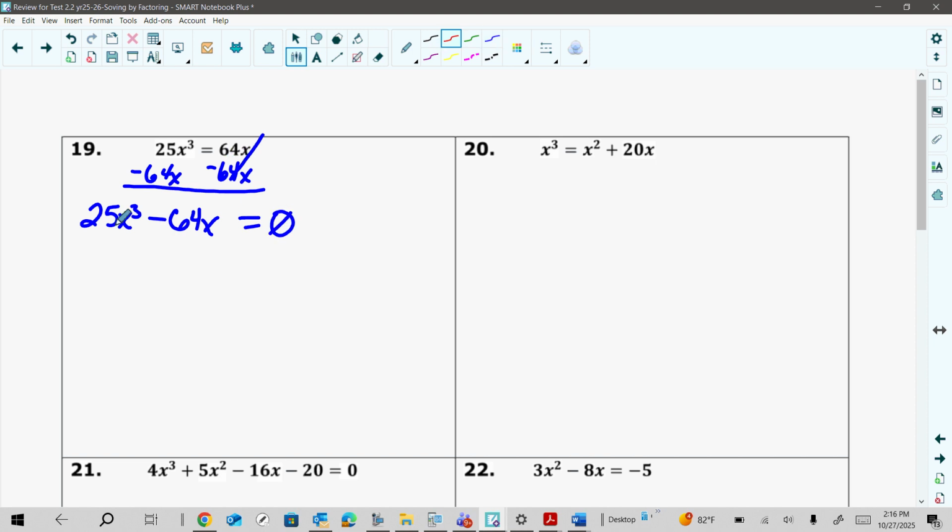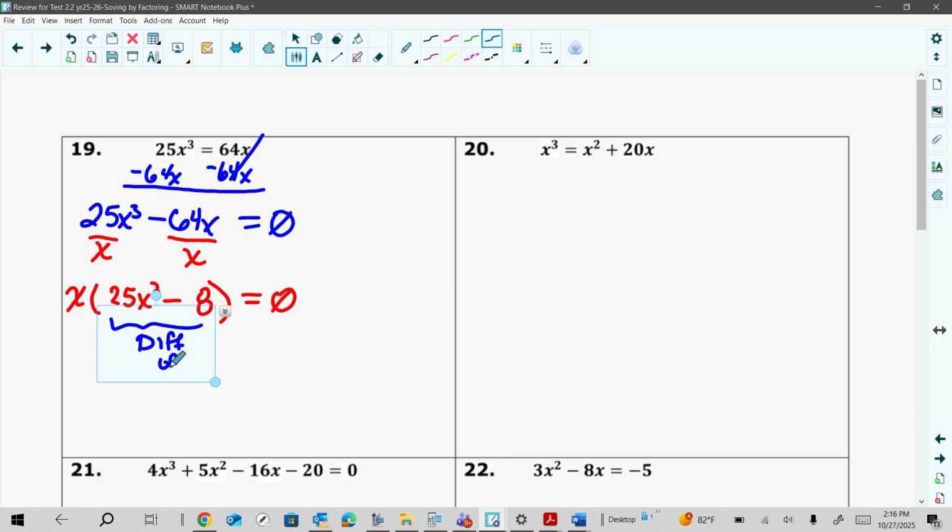And then I'm always checking for a GCF, which they do have. It is x here. So this will simplify to x times 25x squared minus 64, equal to 0. And then when I look here, this is a difference of squares, so I can simplify that further.